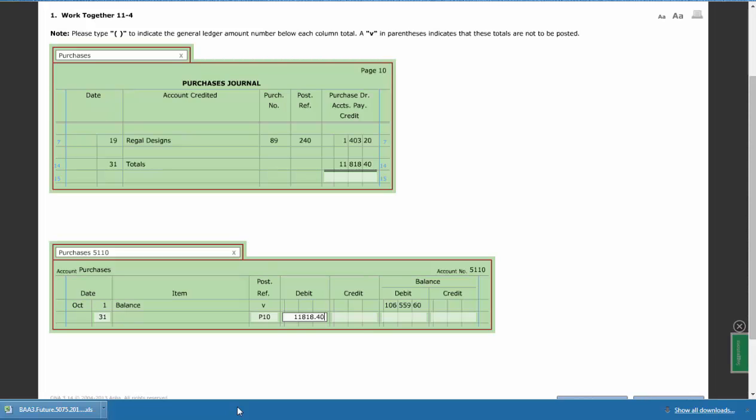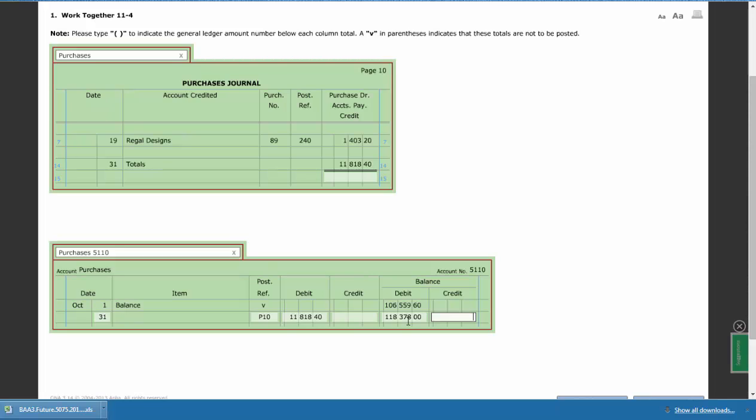So it previously had a balance of $106,559.60. I'm adding to it the $11,818.40. So if I did my math correctly, I got $118,378. Did I do my math right on that one?